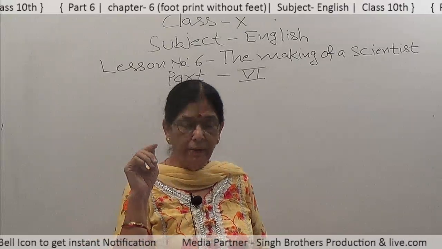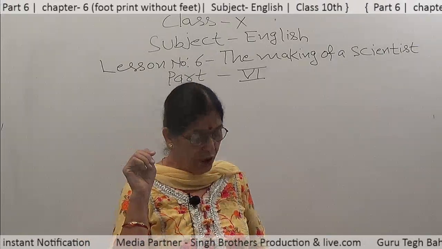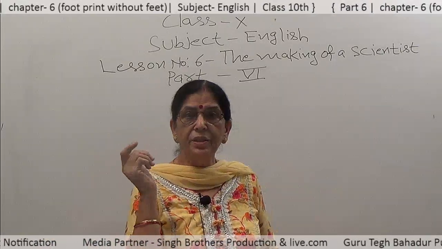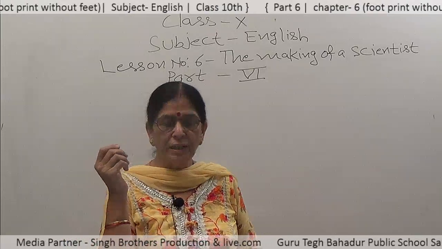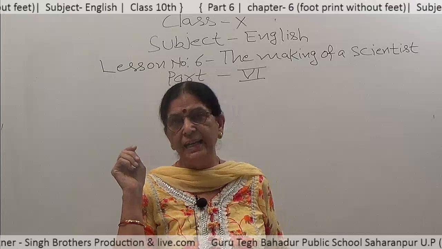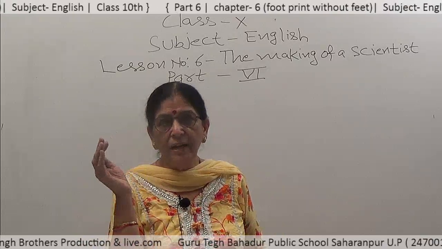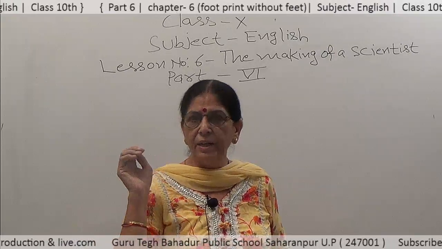One should have the first-rate mind. Then a sense of curiosity, one must possess a curiosity to know, to explore. And then a will to win for the right reasons, not to win only for the sake of prize.